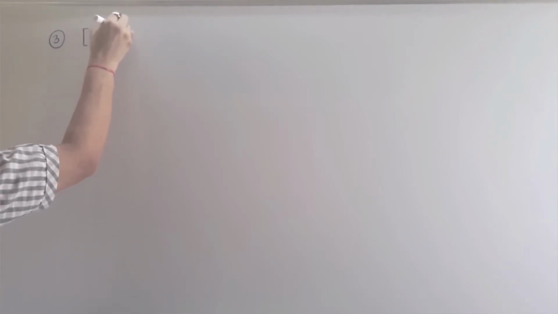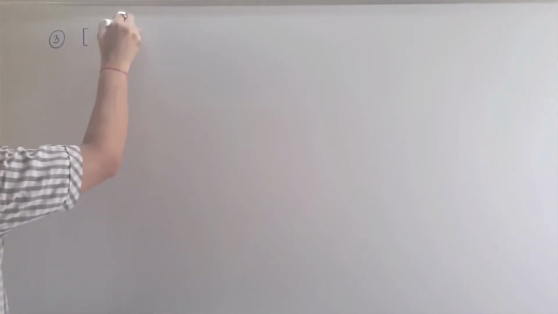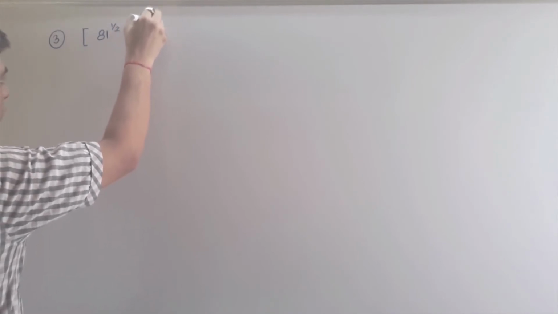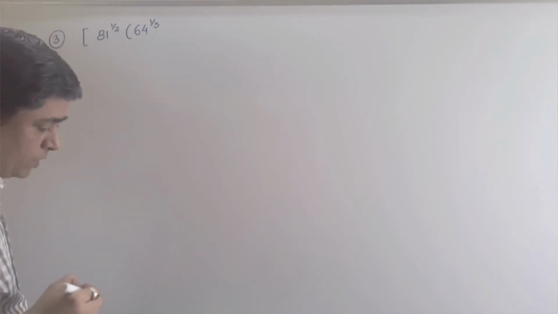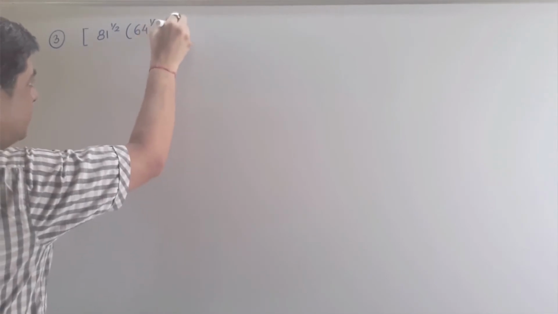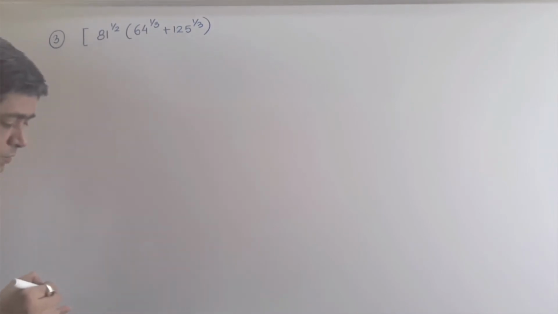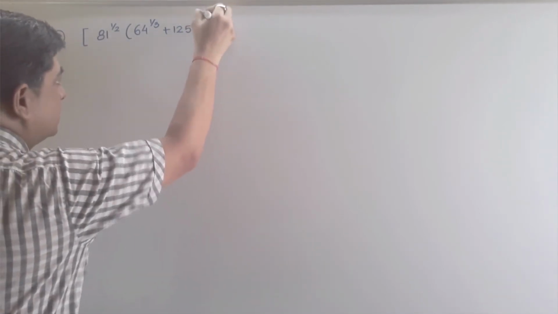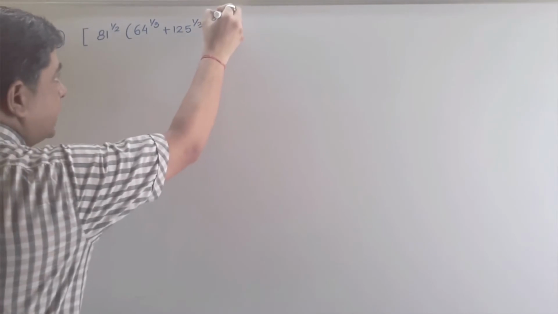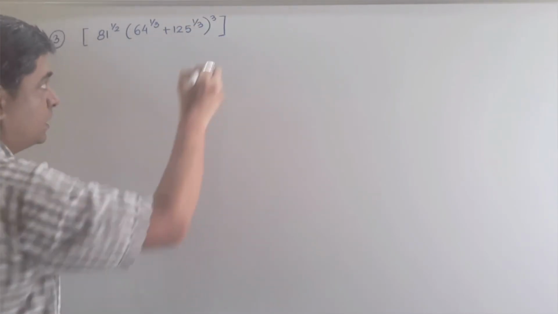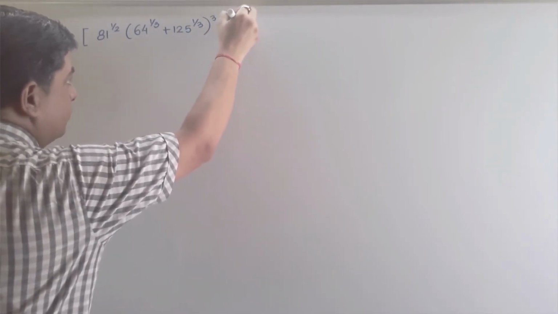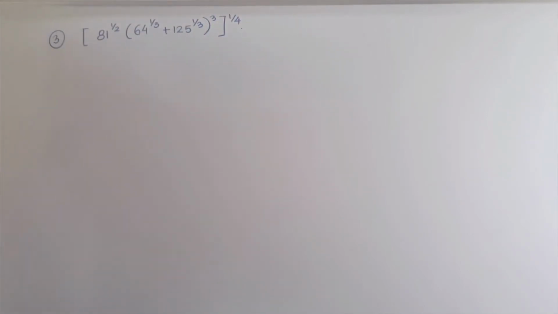So 81 to the power 1 by 2 bracket 64 to the power 1 by 3, okay, plus 125 to the power 1 by 3, bracket close, and whole power is given here 3, okay, and bracket close, and then whole power is given as 1 by 4. Now let us see how we can simplify this whole question. First of all, see 81 how I can write down, 64 how we can write down in the prime factors.